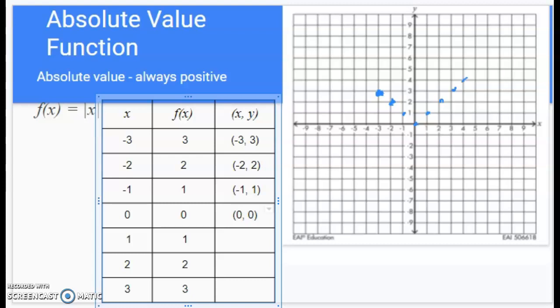So we're going to draw our line. We have one of them going this way, the other one going the opposite direction.